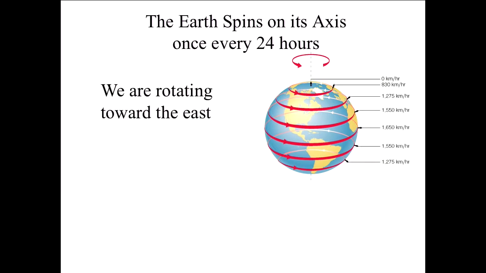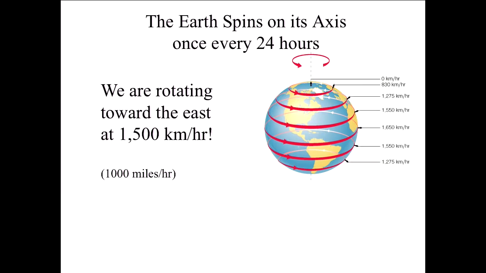We are rotating every minute of our lives. We're moving at a very high speed toward the east, as you see from the arrows. The whole Earth is spinning at a speed of about 1,500 kilometers per hour, which, by the way, is something like 1,000 miles per hour. 1,000 miles per hour is past the speed limit.